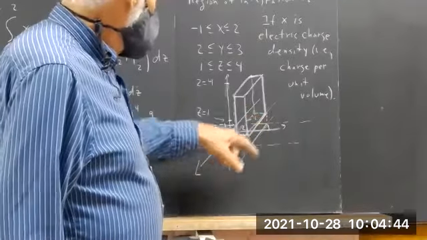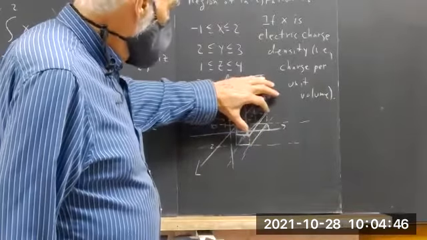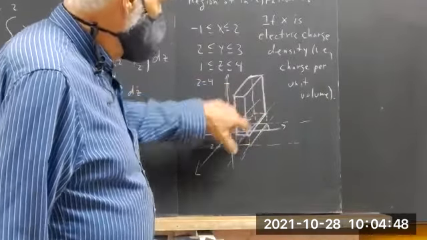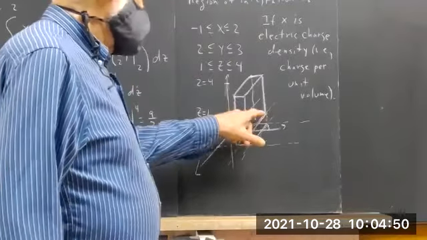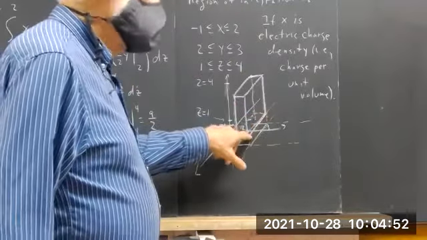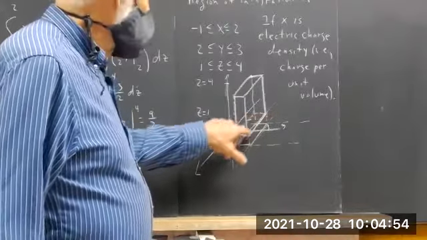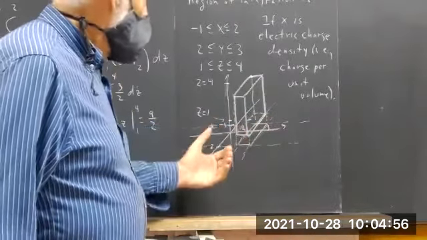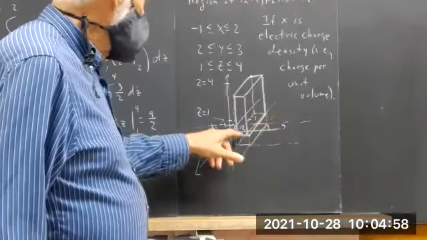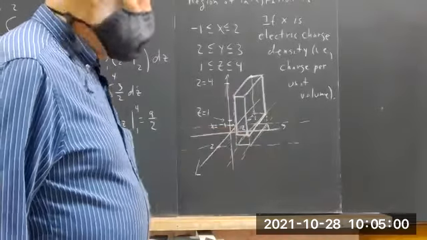And then from there off to here, over 2/3 of this length, the charge is positive, and it goes all the way up to a charge of 2 units.